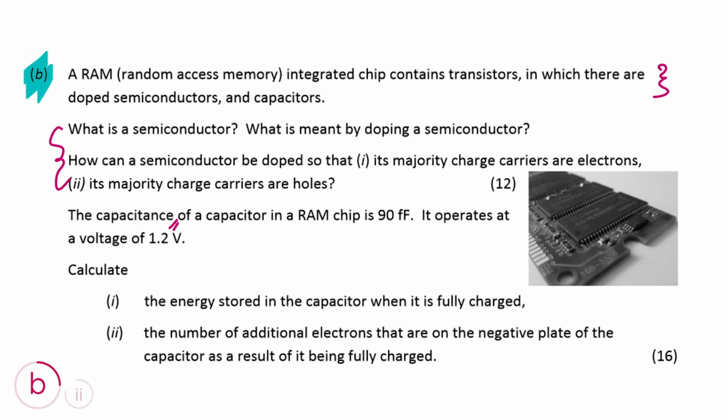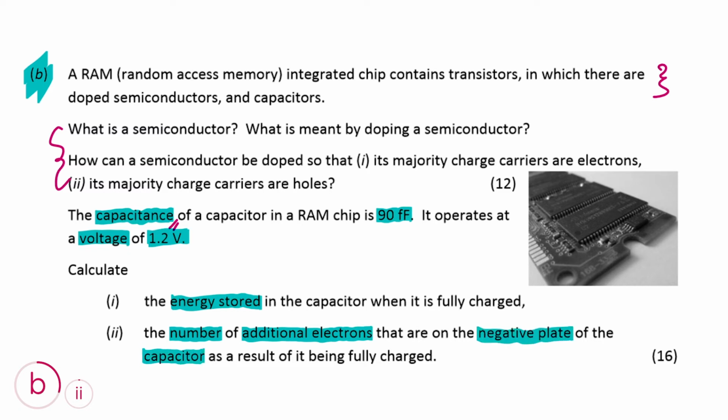Okay, so moving on to the next part of our question, I just want to bring you back to the original question, where we are told that the capacitance of a capacitor in a RAM chip is roughly 90 femtofarads, and it operates at a voltage of 1.2 volts, and we are asked to calculate the energy stored in the capacitor when it's fully charged and the number of additional electrons that are on the negative plate of the capacitor as a result of it being fully charged.